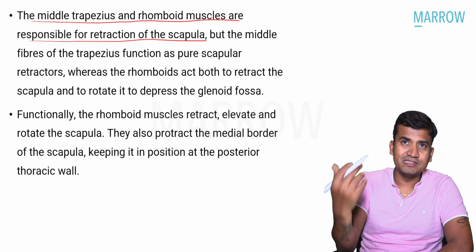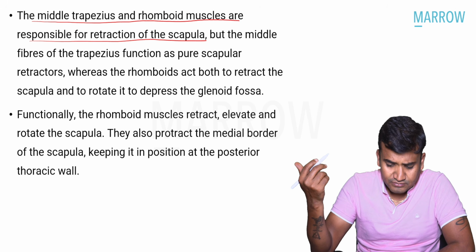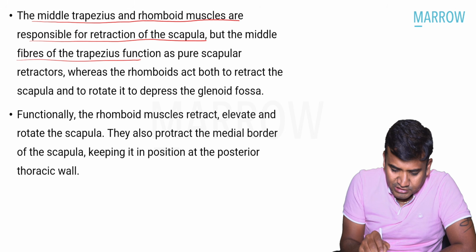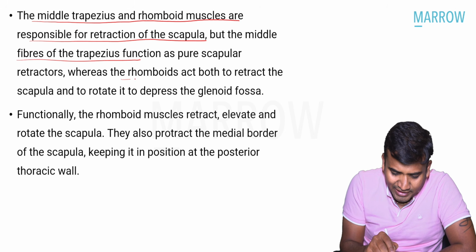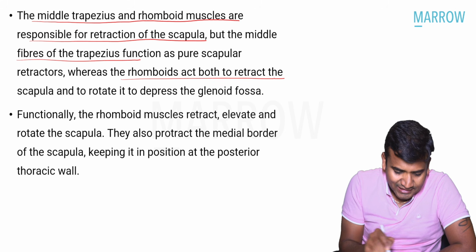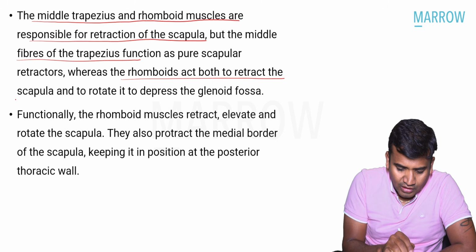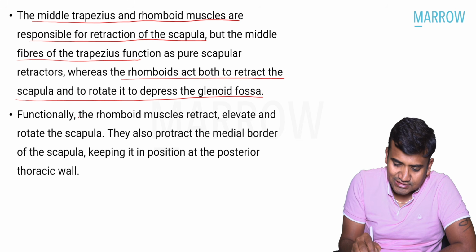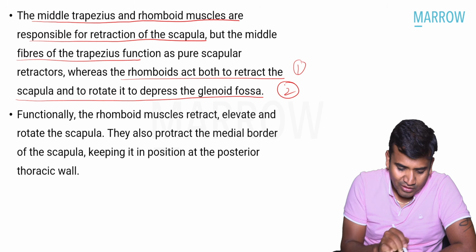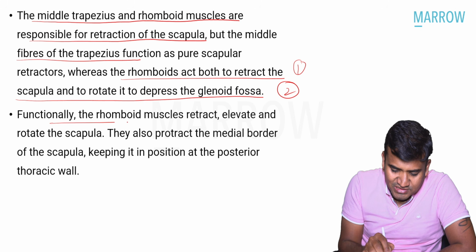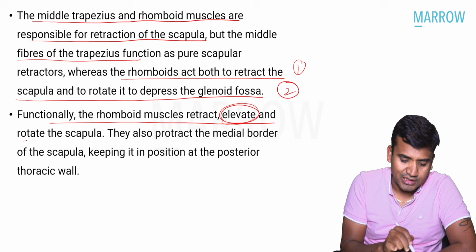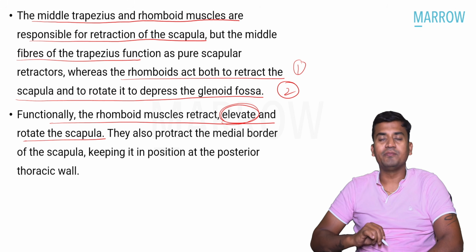But most of the students are saying multiple answer type. In that case, see here, the middle fibers of trapezius function as a retractor, whereas rhomboids act as a retractor, and also rotate to depress the glenoid fossa. Second action: functionally, the rhomboids muscle retracts and also elevates the scapula and rotates the scapula.